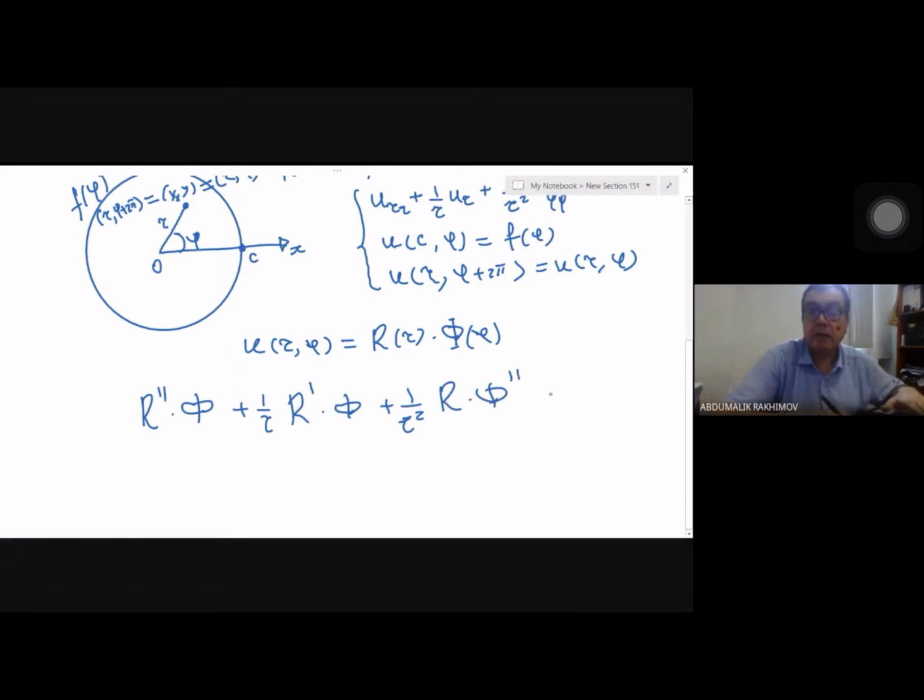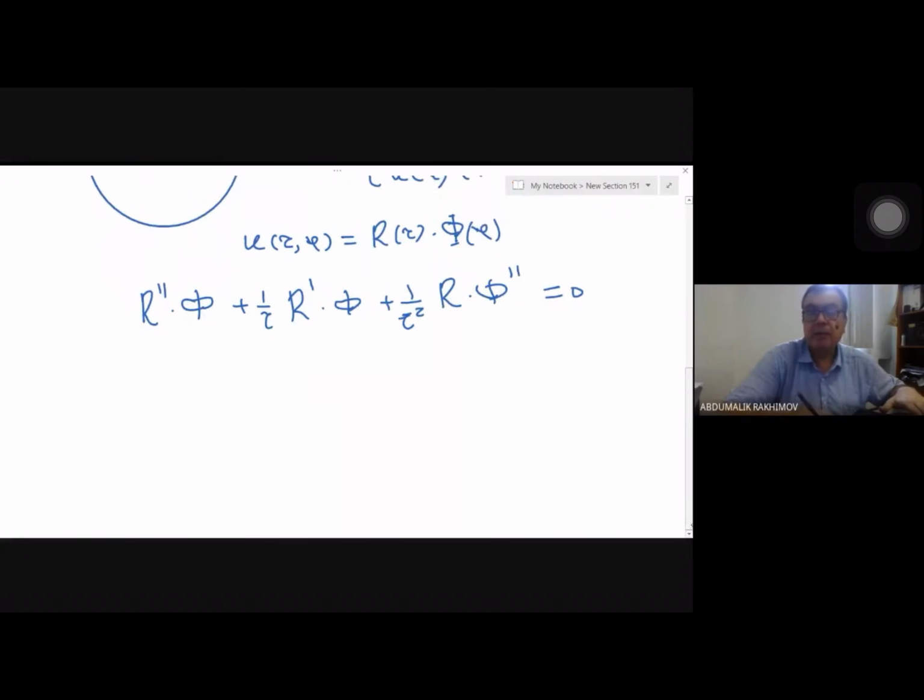So this is the equation when we substitute u into it. Now I can multiply this equality by r squared over R times capital Phi.